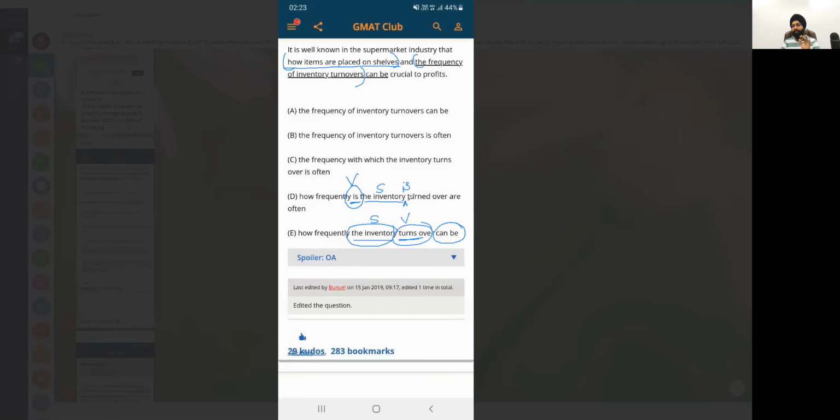There is a second reason why option D is wrong. When you're talking about inventory turning over, you use an active form: inventory turns over. I would categorize this error as a quality error, not a significant error. But when you say inventory is turned over, there is no specific doer who is turning over the inventory.